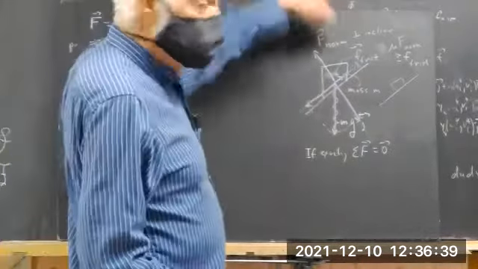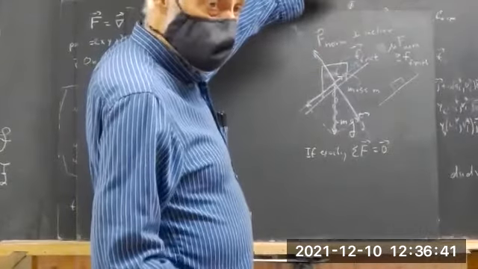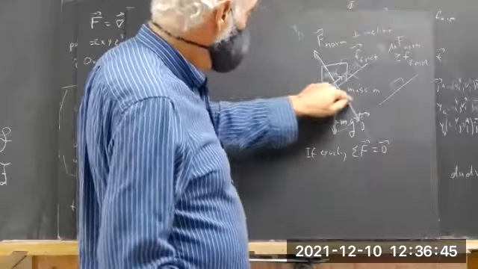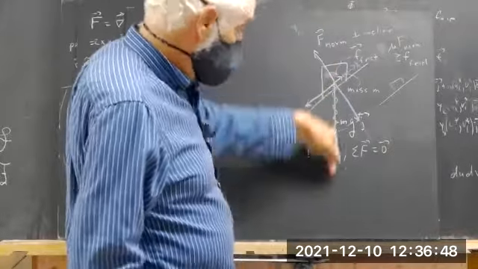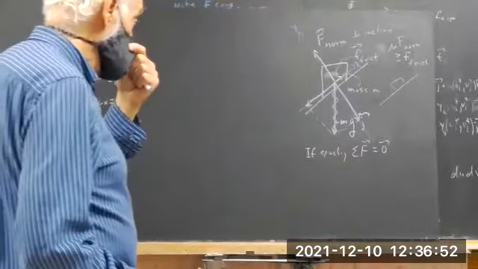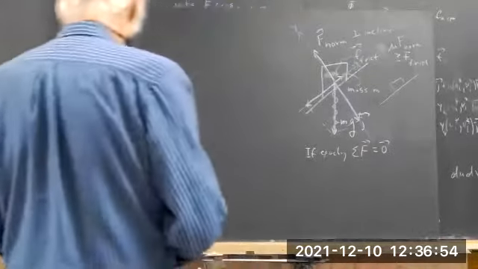If you're pulling up here and can't see what you're pulling against, it's going to feel exactly the same if these two forces are acting as it would if this force alone was acting. It has exactly the same effect. So now we have this picture.